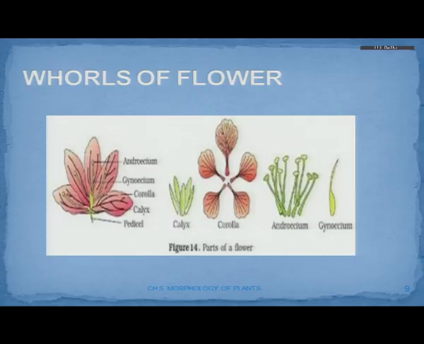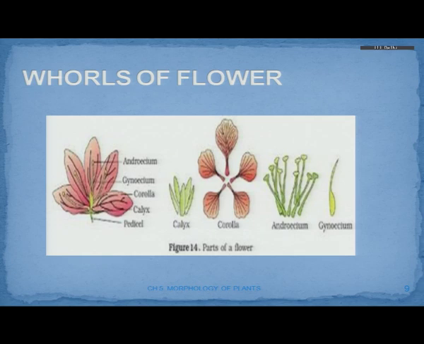Each flower has generally 4 whorls, and these are calyx, corolla, androecium and gynoecium. This is the figure that is given in your NCERT textbook, but instead of cramming up the figure, let us see for ourselves whether these whorls are really present or not.